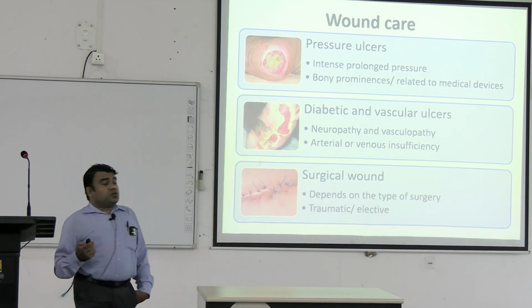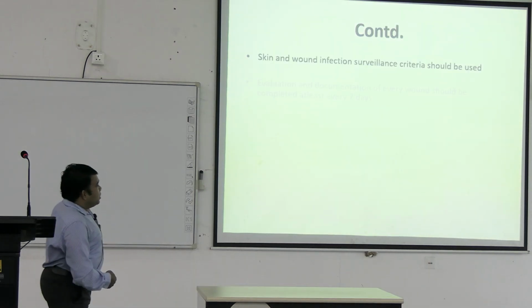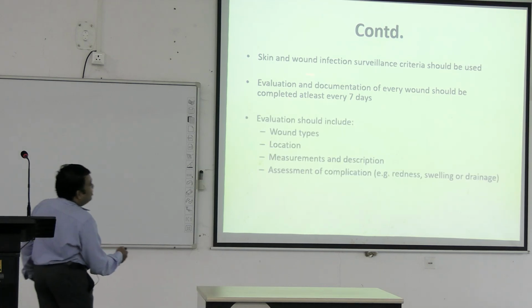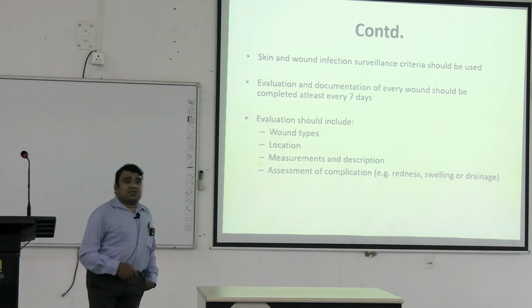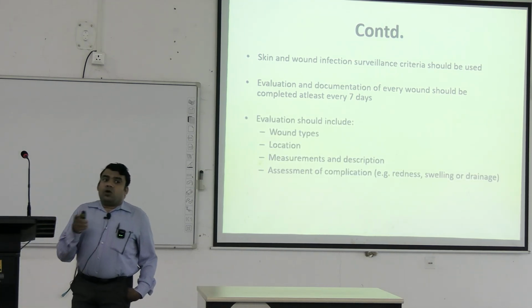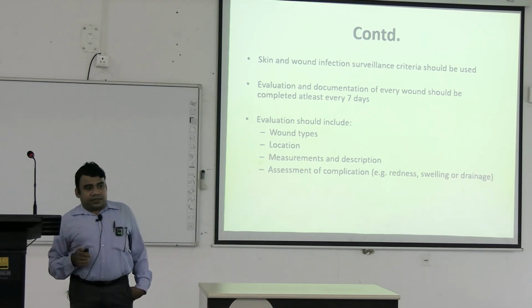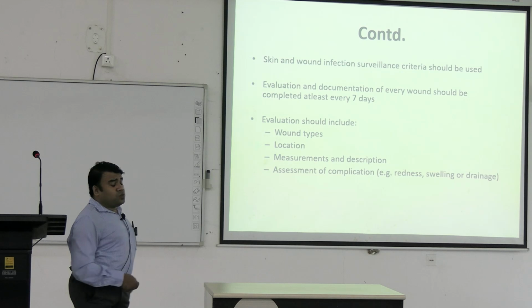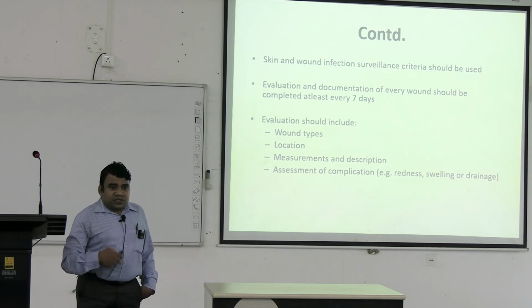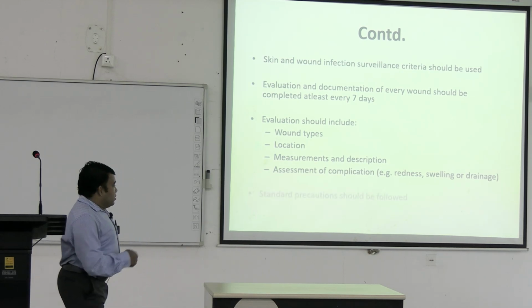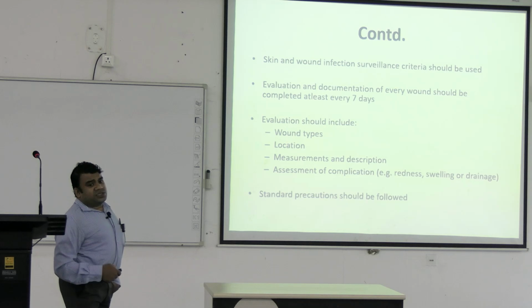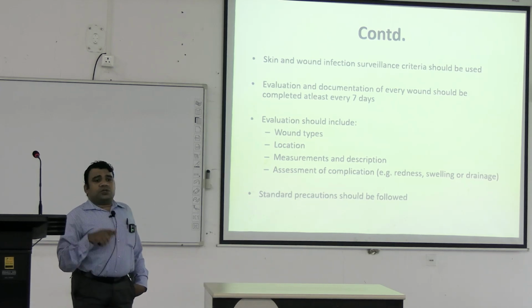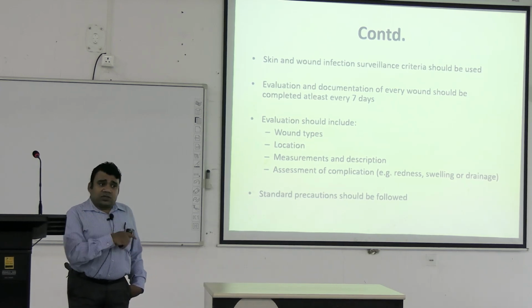Okay, so what should we do? We must do skin and wound infection surveillance. Surveillance means to look for which type of wounds are infected. Then we must evaluate the wounds, whether the infection is spreading or not. Then we must follow the standard precautions. Obviously, we need to treat the patient, but following the precautions.